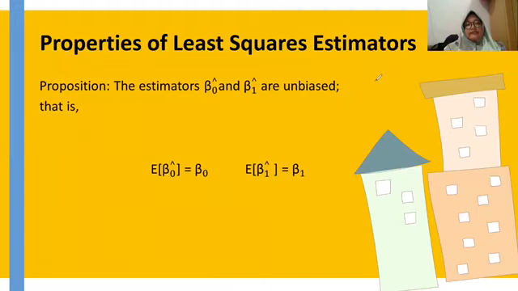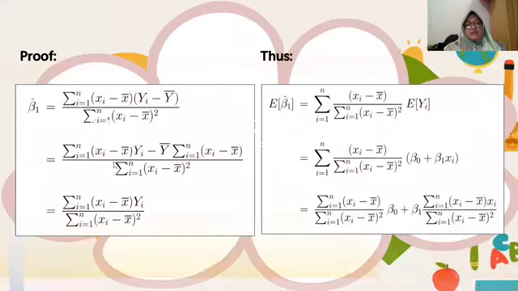For this property, the expected value of beta hat 0 is beta 0, and the expected value of beta hat 1 is beta 1. We have to prove it, which means we need to find beta hat 1.